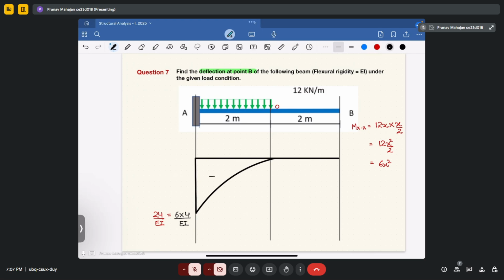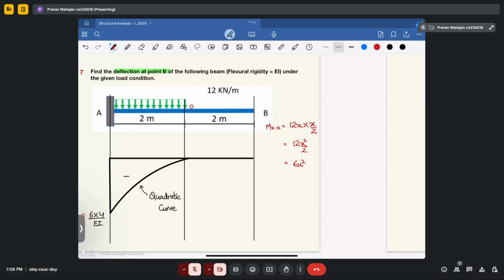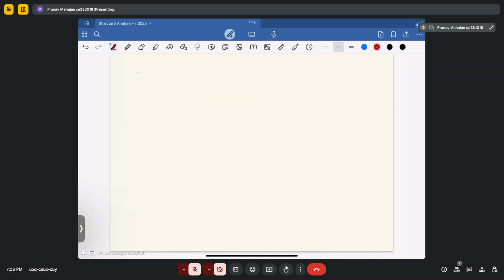Okay, now I have to find the deflection at point A. So this is a quadratic curve. Okay, so if you have to determine the deflection, how you will determine? So let me write, your delta at B with respect to A will be equal to delta B minus delta A. Now your delta A will be equal to 0.